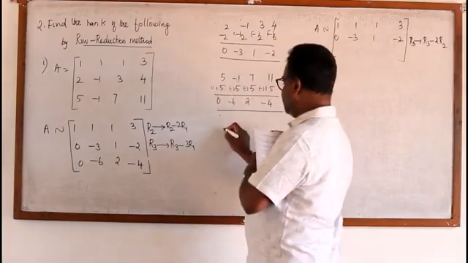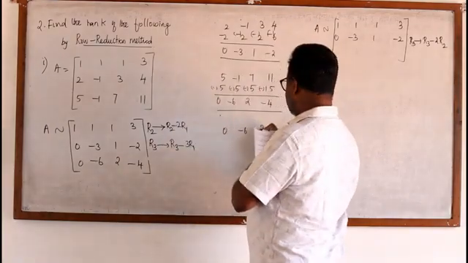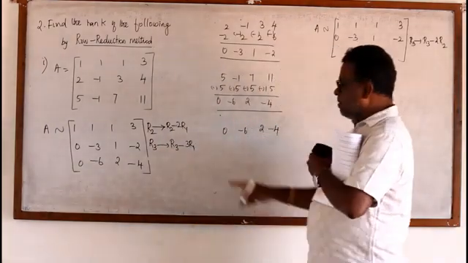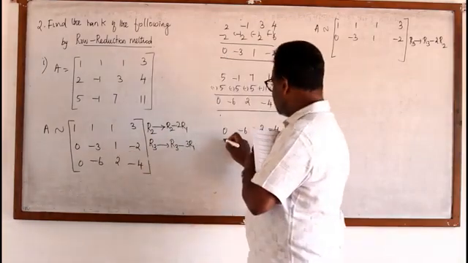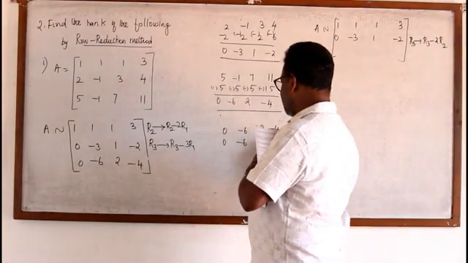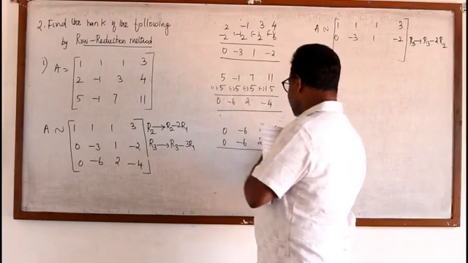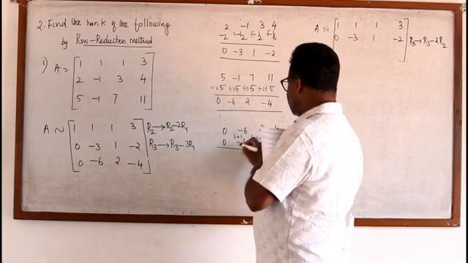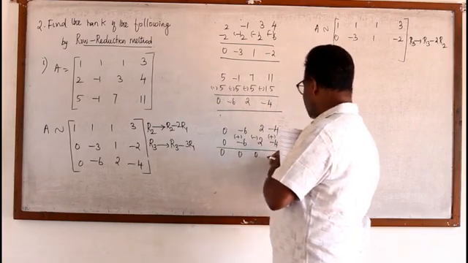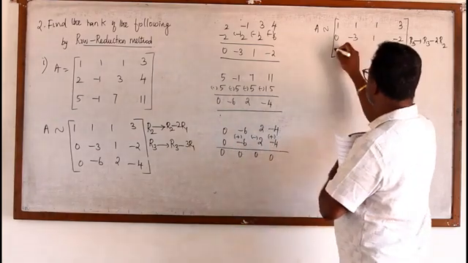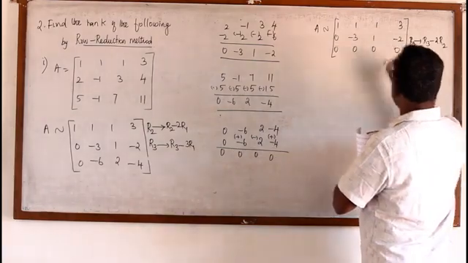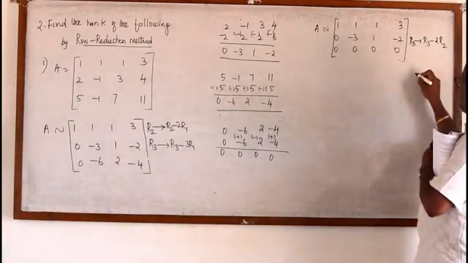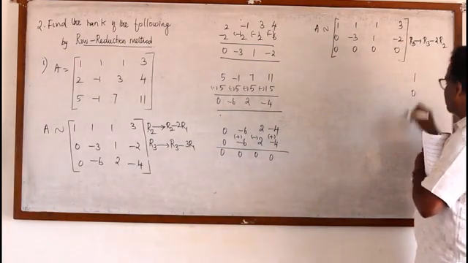R3 is 0, -6, 2, -4. Multiply R2 by 2: 0, -6, 2, -4. When I subtract, the sign will change. So it becomes 0, 0, 2 minus 2 is 0, -4 plus 4 is also becoming 0. So all the elements are 0.